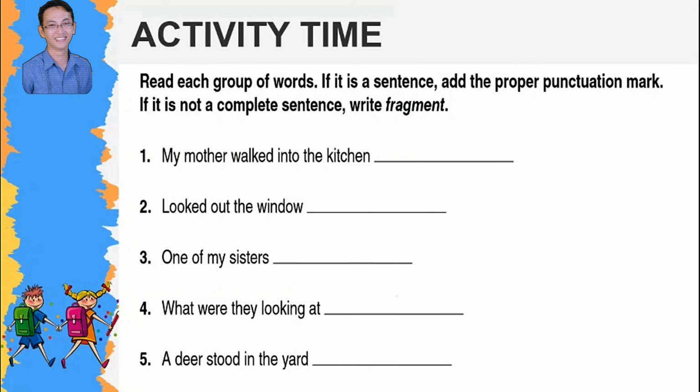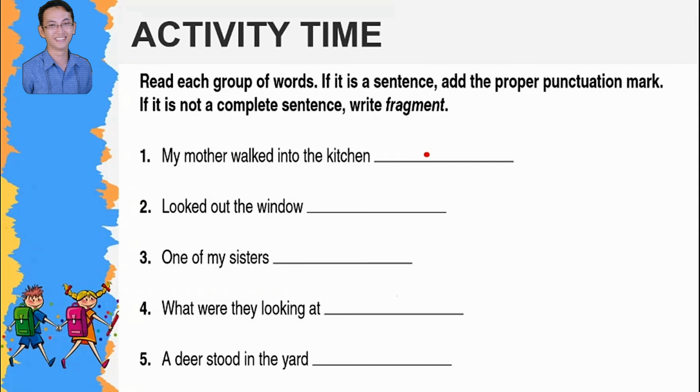Let's answer number 1. My mother walked into the kitchen. Is it a sentence or a fragment? It is a sentence. What punctuation mark should be used? Period. Number 2. Looked out the window.